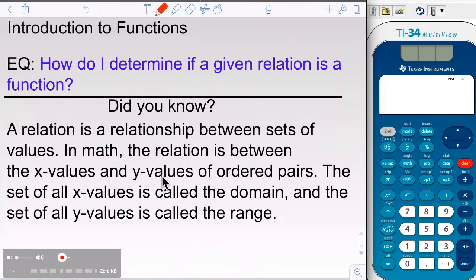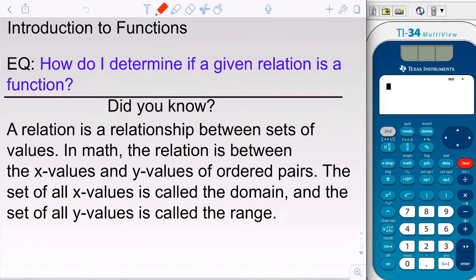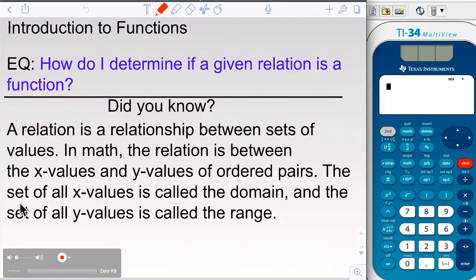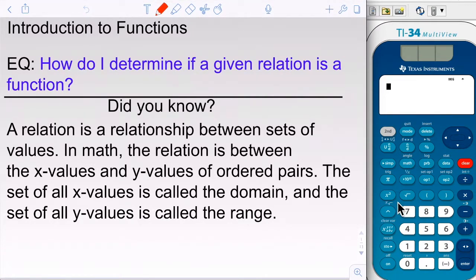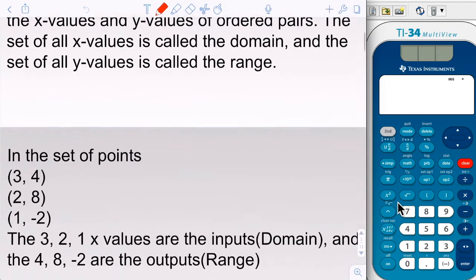So when we make a table, there's usually some connection between the x value and the y value. They're related somehow, and that's all a relation is. The set of x values is sometimes called the domain of a function, and the set of y values is called the range. We'll talk about these in more detail later on.